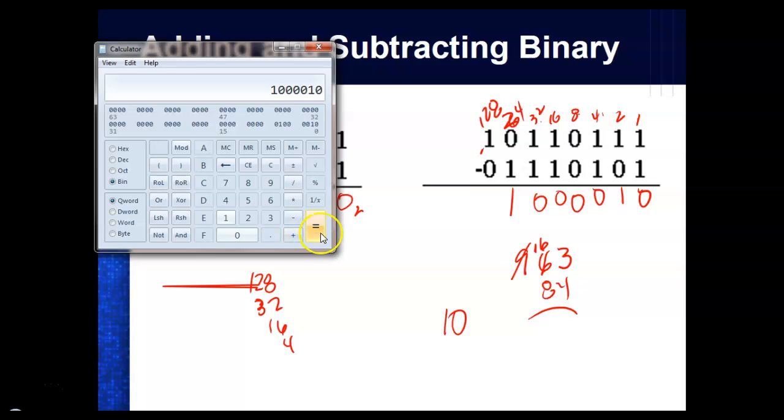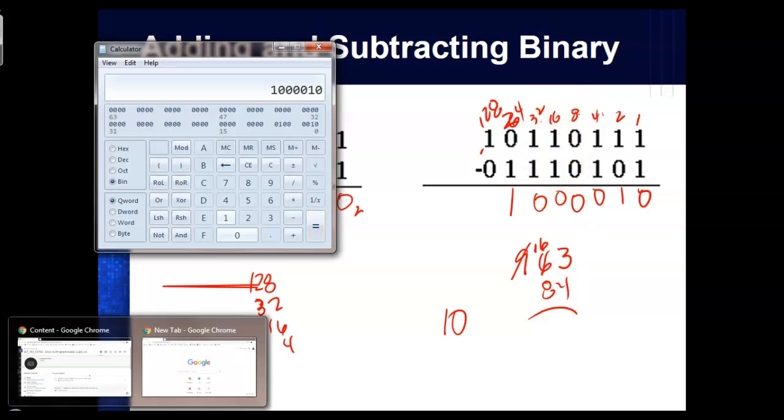Hit equal. Oh my goodness, that's the same thing. Now you got to convert it. We can convert it. Of course, this would have been easier to do in hexadecimal.